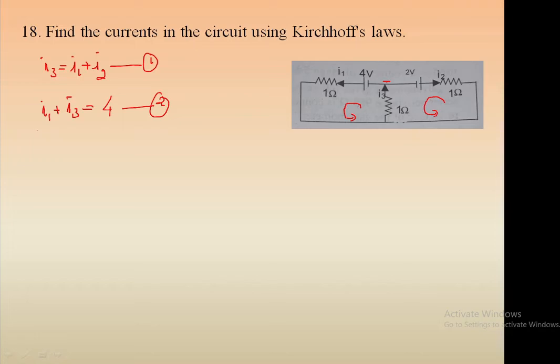Now apply the loop rule in the right loop. Here the current I2 is in the opposite direction, so I can write negative 1 into I2, and also I3 is in the opposite direction, so negative 1 into I3 equals the EMF, whose direction is also opposite, that is negative 2.